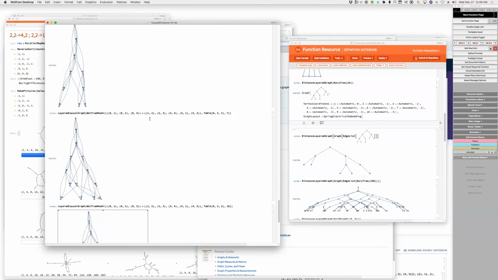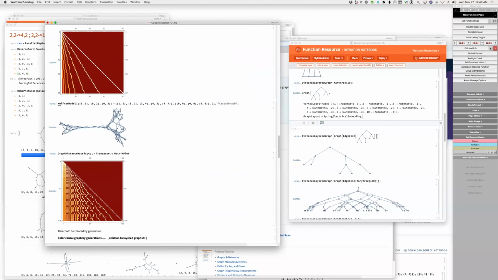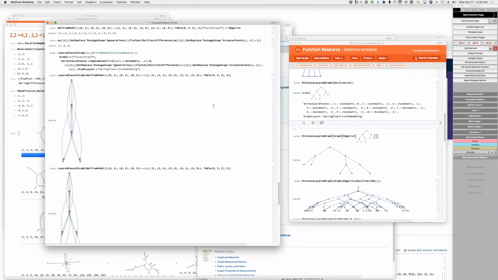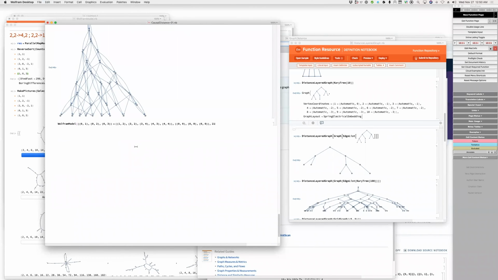So, for example, for one of these other rules, let's take this guy here. I think the y coordinates there is cosmological time. It is. That's correct.